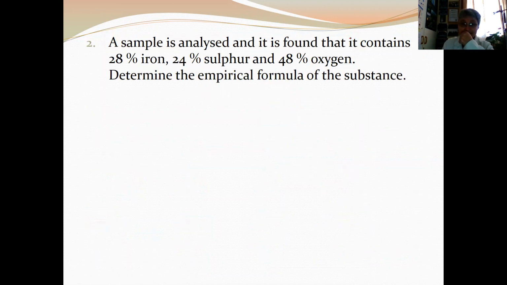A sample is analyzed and it is found that it contains 28% of iron, 24% sulfur, and 48% oxygen. Determine the empirical formula of the substance. So we write down the symbol for iron, the symbol for sulfur, and the symbol for oxygen.